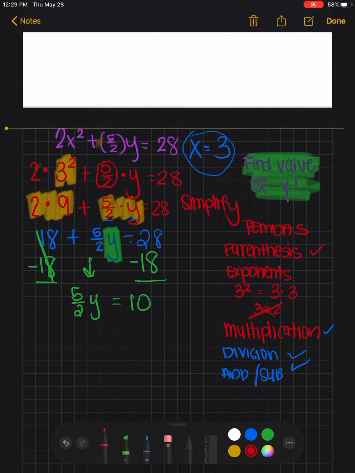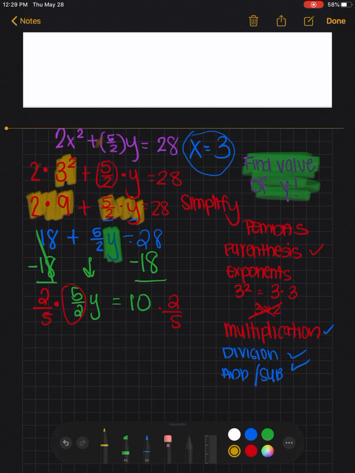Anytime you have a fraction multiplied to a variable, you multiply that fraction by its reciprocal to get rid of it. The reciprocal, or flipped, of the fraction 5 over 2 is 2 over 5. And make sure you do that to both sides of the equation.